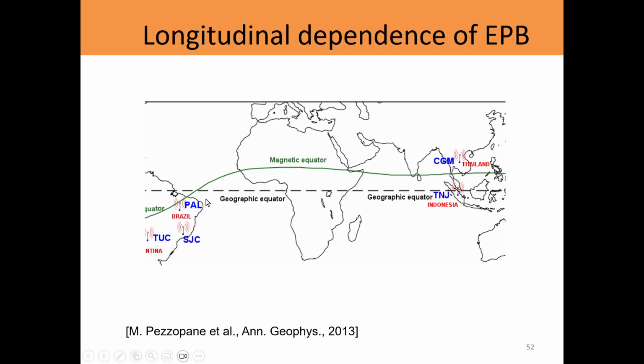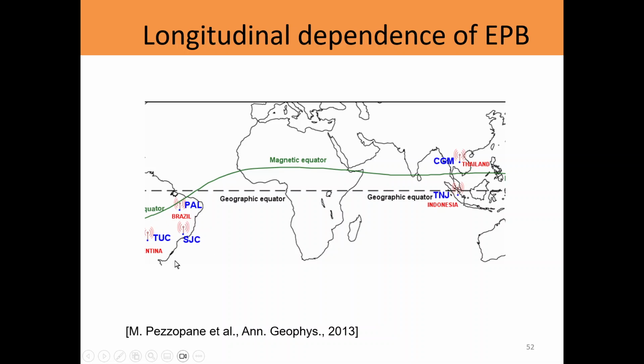Longitudinal dependence of EPBs, you can study. We have actually studied together with the team in Italy how the longitude affects EPB at different stations. At that time, I think we looked at some stations in South America and also some stations in ASEAN, and we plotted the result and looked together.